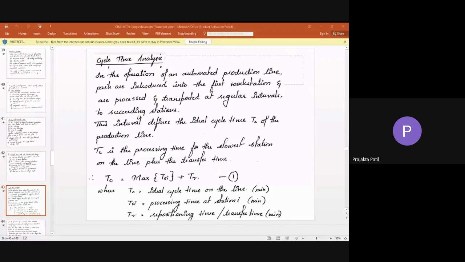So we have used the term max of T subscript SI, which is nothing but the processing time at the bottleneck station. Whereas the remaining stations have smaller service time, and must wait until this bottleneck station completes its operation. This kind of situation you will also see in manual assembly lines.